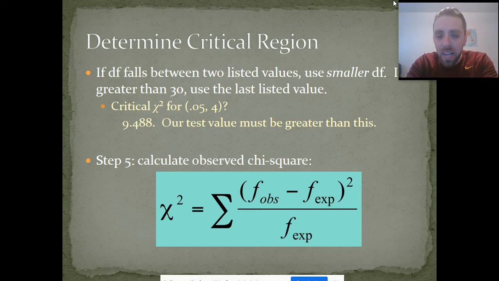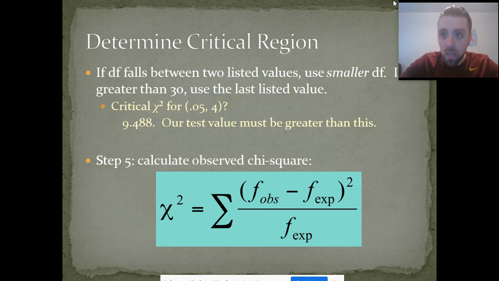Since I have a clear order of operations embedded in this formula, I'm going to set up a table that will allow me to do this step by step in order to get the right answer. So the summation of frequency observed minus frequency expected squared divided by frequency expected. Frequency observed is a known value. It's given to you in the problem.